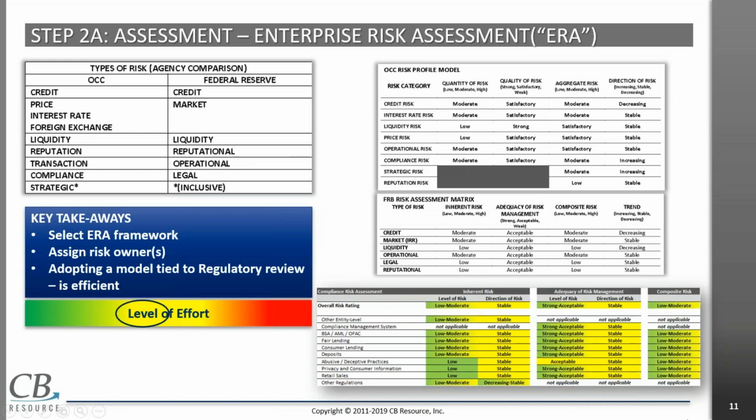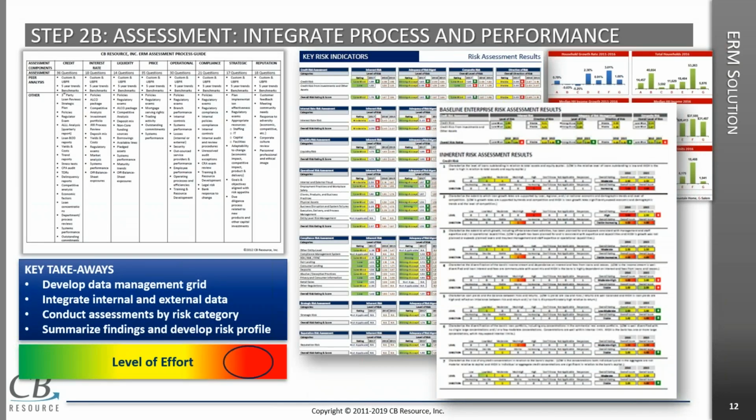For those of you that are OCC banks versus non-OCC banks, OCC's version of inherent risk is quantity of risk. Their version of adequacy of risk management is quality of risk management. But it's more or less nomenclature, right? So the first thing I want to stress is to make sure that you adopt a framework that's logical and communicates well across the organization.